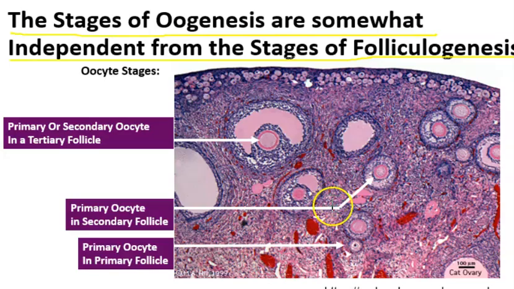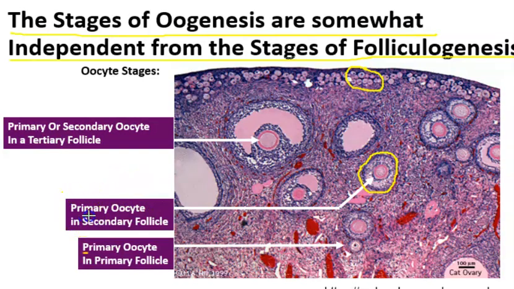I say that because although the primordial follicles most likely have a primary oocyte, we also see a secondary follicle containing what's known as a primary oocyte, or maybe a primary follicle versus a primordial follicle.